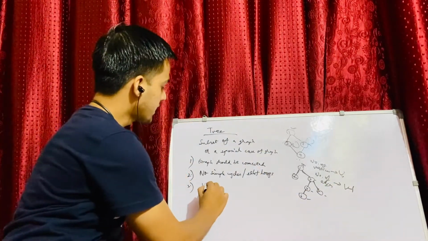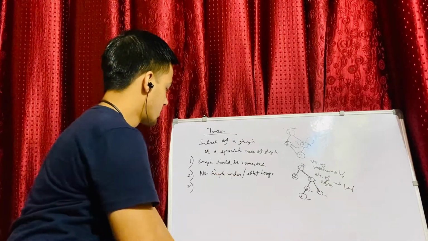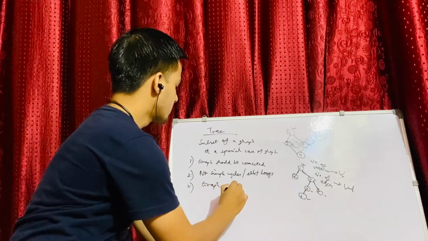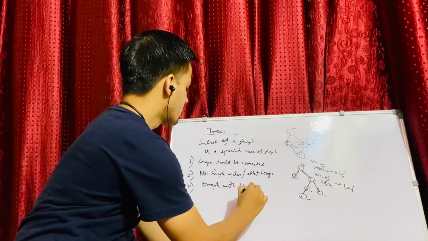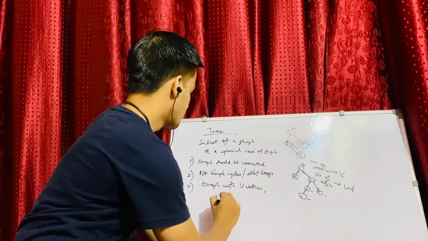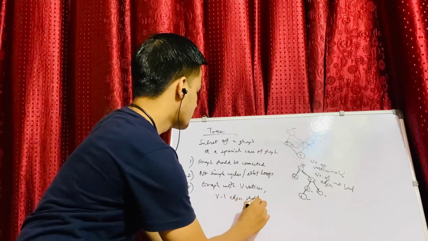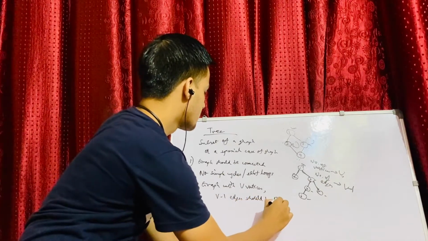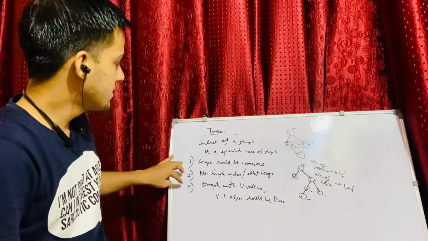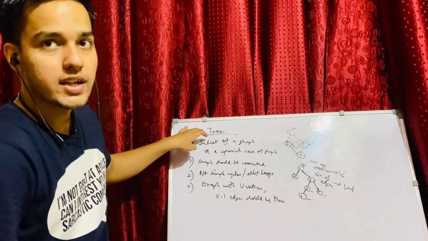So here I can write, a graph with V vertices should have V minus 1 edges. So these are the basic conditions that you should look at when you are looking at a tree.